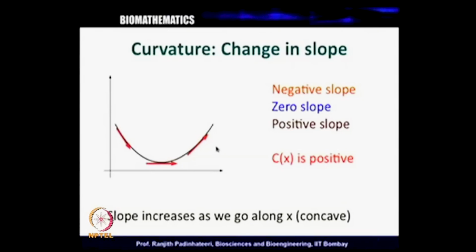In the previous case, in the convex curve, the slope was decreasing. So the thing we learned is, for a function that is curved, in any way, if it is not a straight line, the slope will keep changing.